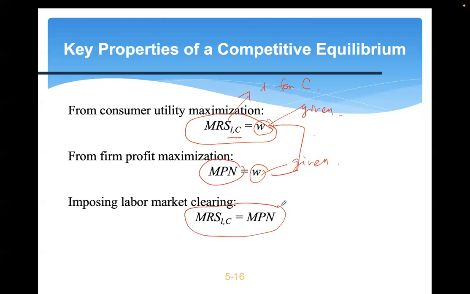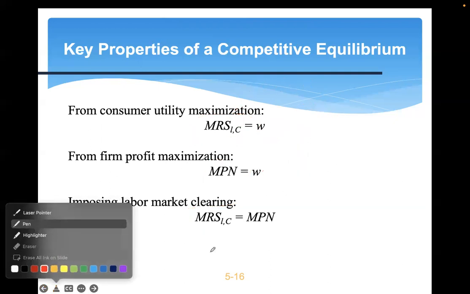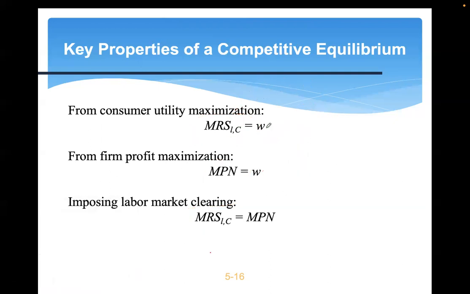Economically, how do we understand that? Number one, these two wages must be the same, and then immediately you get this one.